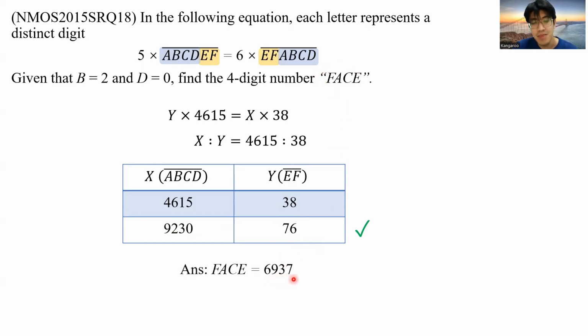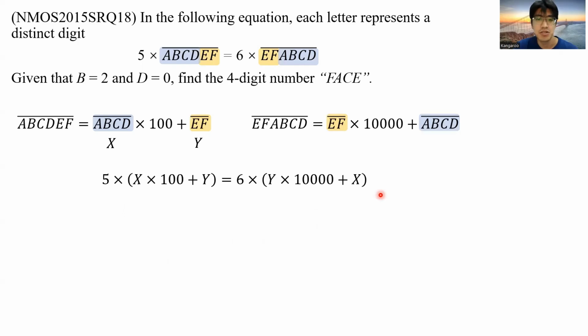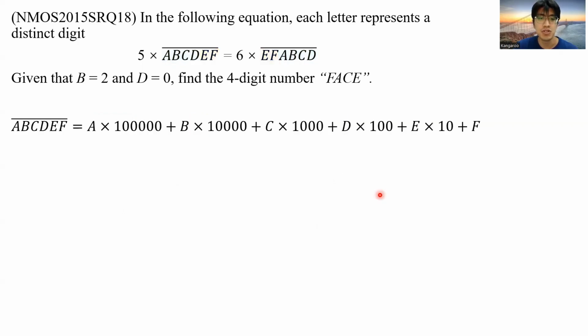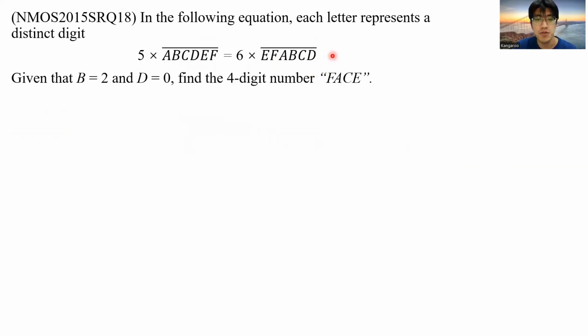6937. Then again, to recap this question, when it is very complicated to split this type of problem into an equation that involves a lot of letters, we can try to investigate the numbers to see if there are any terms that we can group together. In this case, we can group them in two groups: one group, ABCD, and another group, EF.